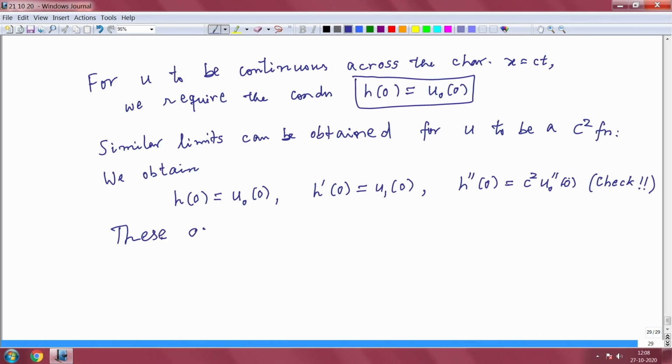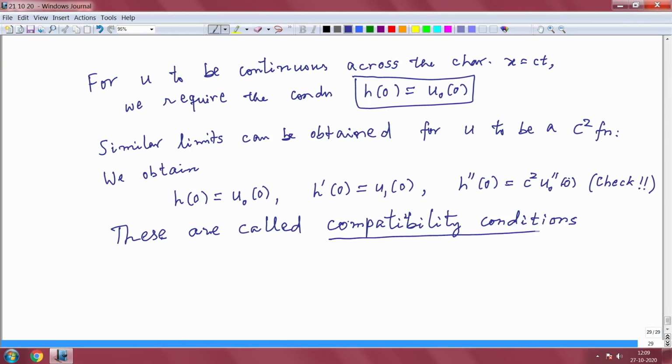They are required to be satisfied between the boundary data and the initial conditions.